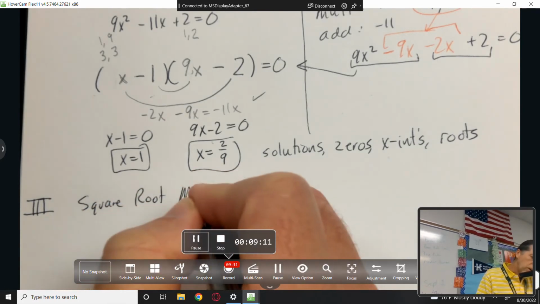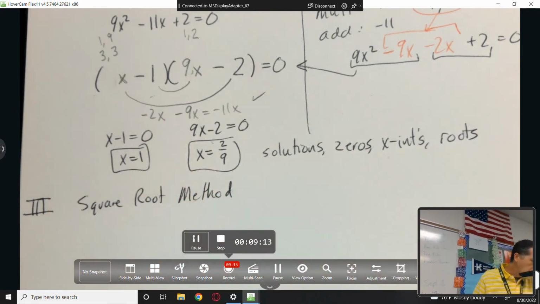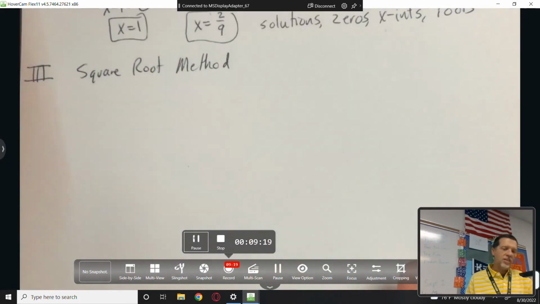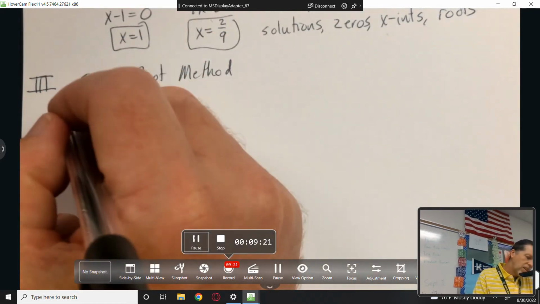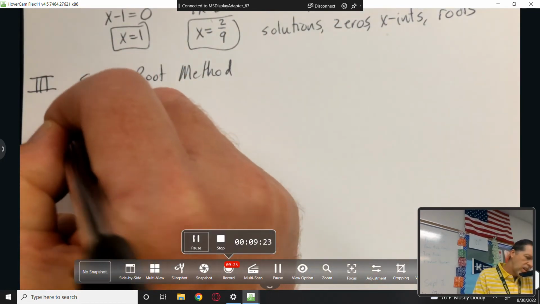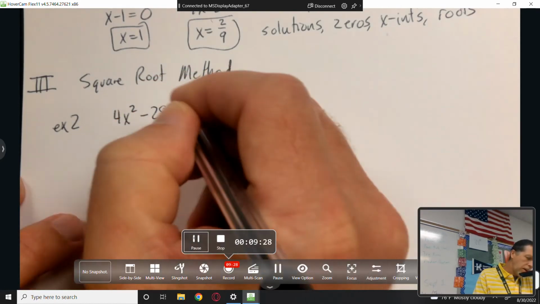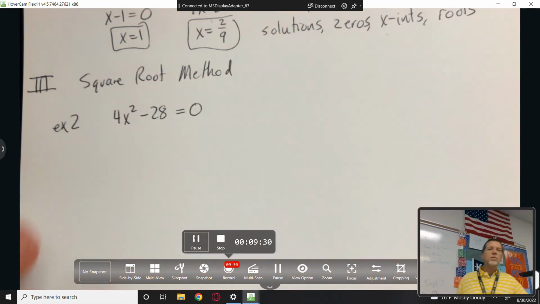All right, the square root method. This might be people's favorites because it's the easiest. So let's say we have 4x squared minus 28 equals 0.